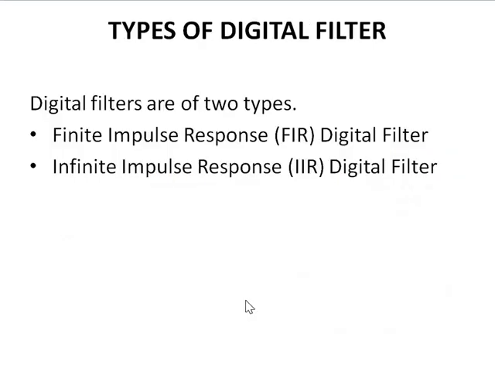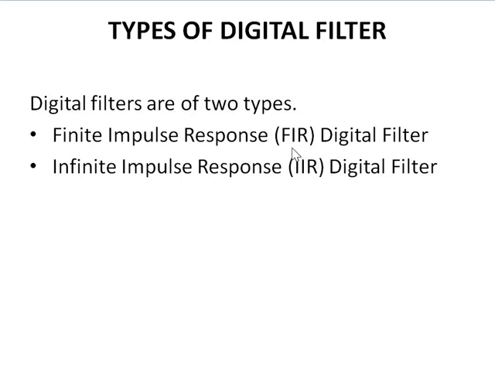Now coming to the next one, types of digital filter. According to the impulse response duration, we have two different types. One is the finite impulse response digital filter, another one is the infinite impulse response digital filter. Shortly, one is the FIR filter, another one is the IIR filter. The name itself gives the meaning to you.